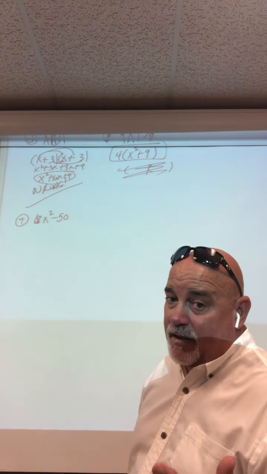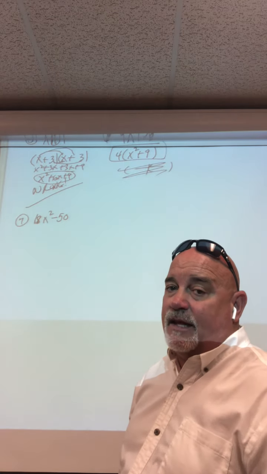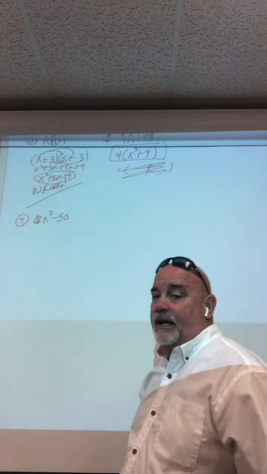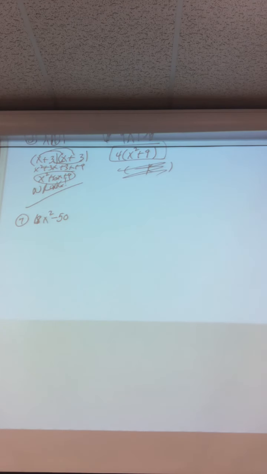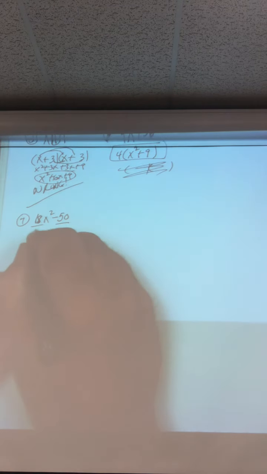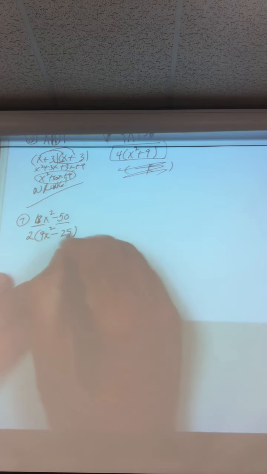And you're right, by the way. But I'm not even supposed to be thinking that. What I'm supposed to be thinking right now is GCF. So this is not difference of two perfect squares, but I don't need to be checking for that now. So the GCF here is 2. If I take a 2 out, 2 into 18 is 9x squared minus 2 into 50 is 25.